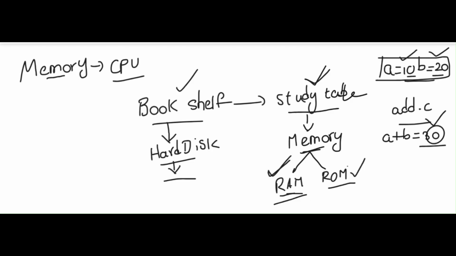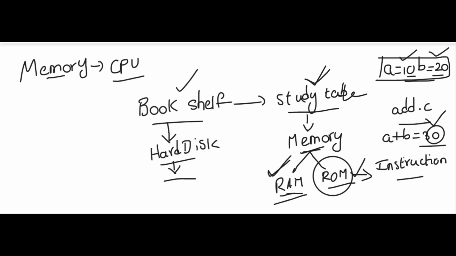So what about ROM then? We can say that it is just like an instruction manual. Suppose you bought an electronic good, say a washing machine or a television, you will get an instruction manual on how to operate it.